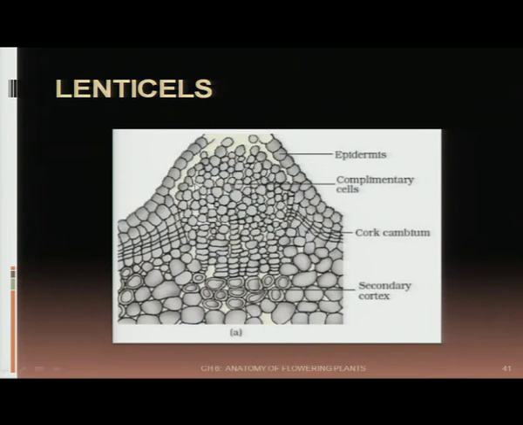These complementary cells are very loosely arranged, they are parenchymatous and they have raised a bit, and because of the formation of lot of complementary cells here, the epidermis gets ruptured and a lens shaped opening is formed here. This opening is known as lenticels, and it will allow for the gaseous exchange. Otherwise, wherever the Koch is present, the gases will not be able to be exchanged.